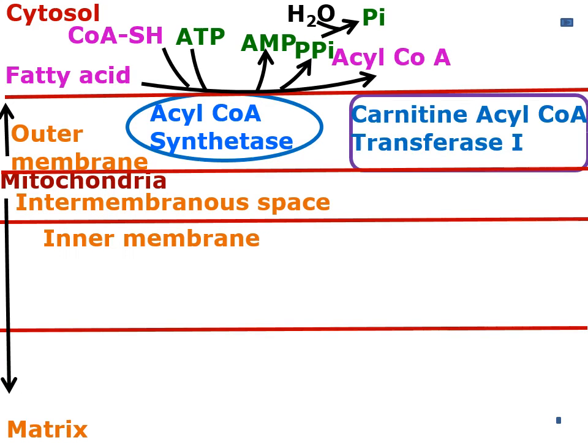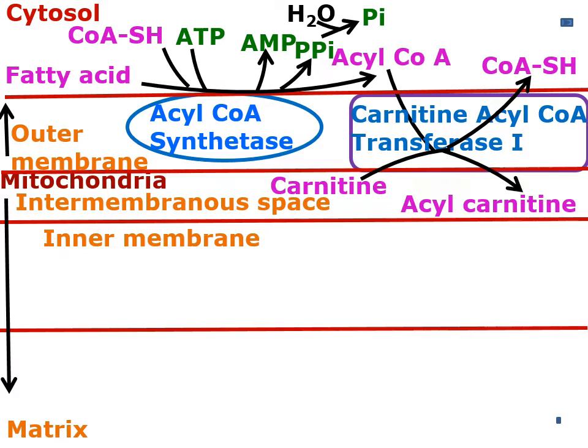Now this acyl-CoA combines with a component called carnitine, which is present in the intermembranous space, in between the outer membrane and the inner membrane. It acts as a transporter. It combines with acyl-CoA in the presence of an enzyme called CAT1, carnitine acyl-CoA transferase 1, and it forms acyl-carnitine.